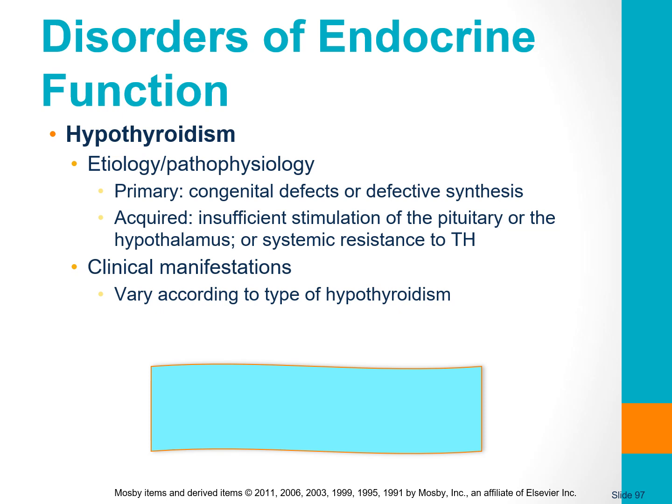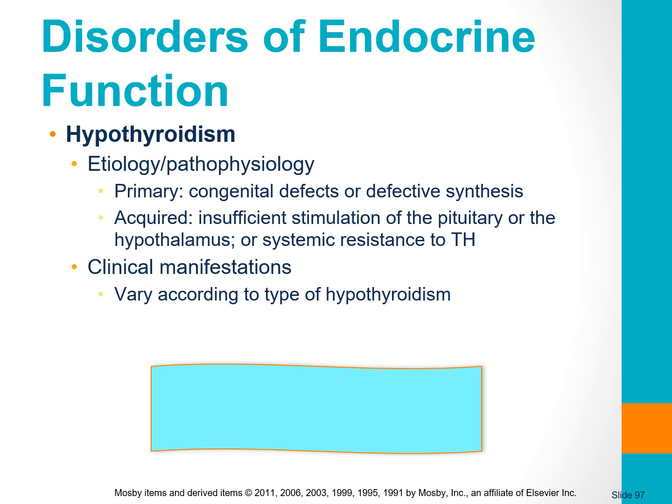So congenital patients are going to present with cool and mottled skin, dyspnea, hypothermia, lethargy, poor appetite, poor suck, and prolonged jaundice. Acquired kids are going to present with constipation, dry skin, growth delays, lethargy, with the puffy eyes. This is one of those that are screened on that newborn screening at birth.